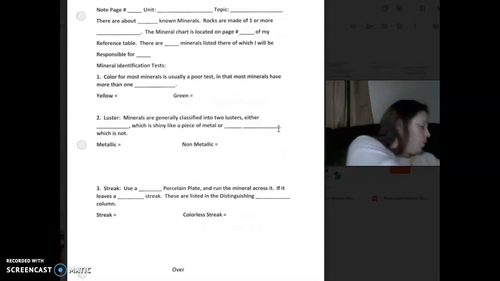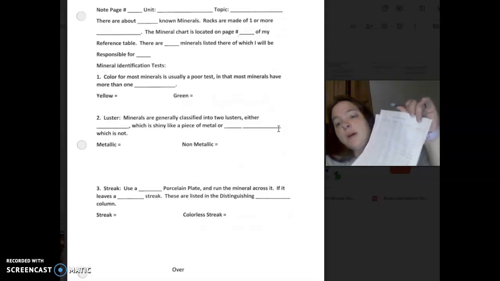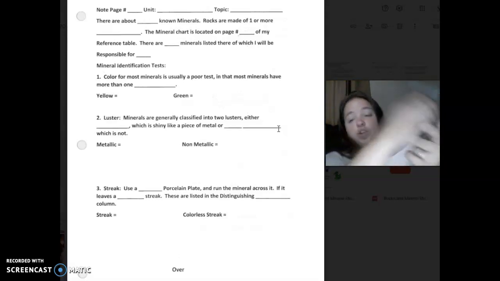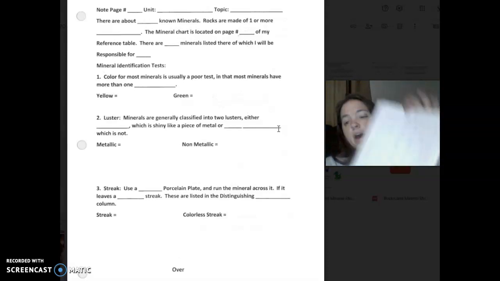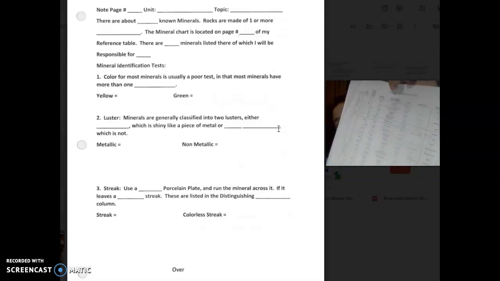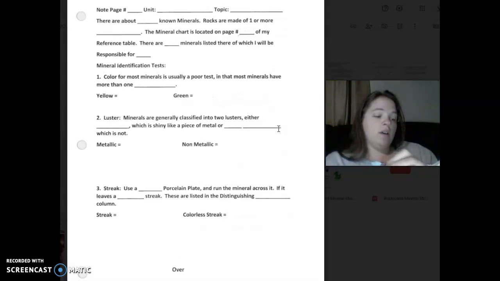On my reference table, what you guys should do is, if you had a highlighter or something, definitely highlight it: graphite, galena, talc, sulfur, selenite, gypsum, halite, biotite mica, calcite, potassium feldspar, and olivine.